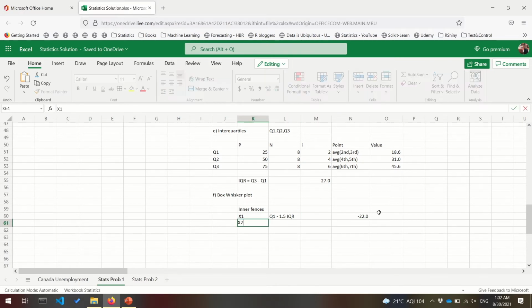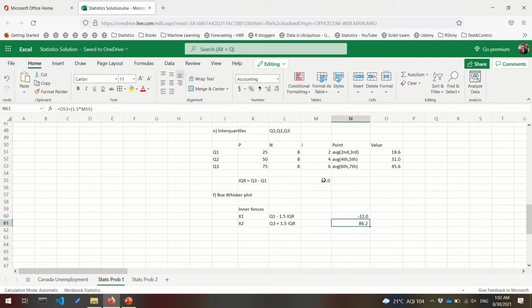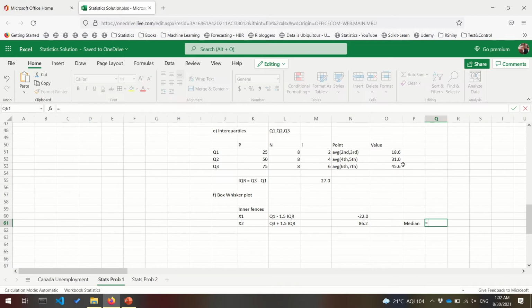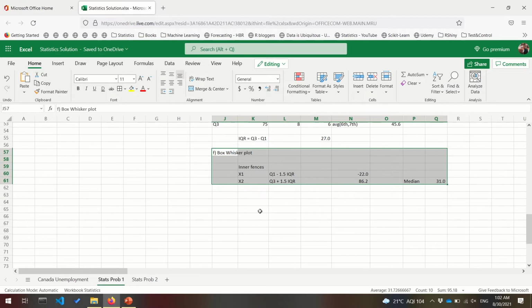And x2, the right-hand side fence, will be Q3 plus 1.5 times your IQR, 86.2 and minus 22.2. Then you have the median. The median is the central data point, 31, and you have the 25th and 75th percentiles. So you can plot the box and whisker plot also.